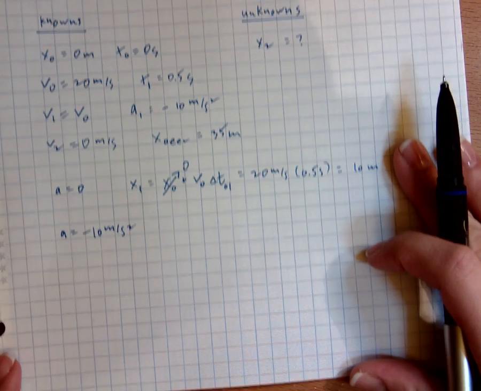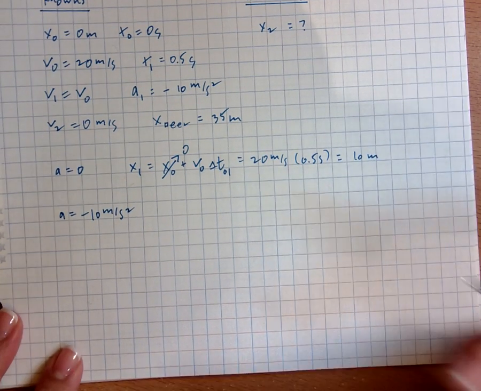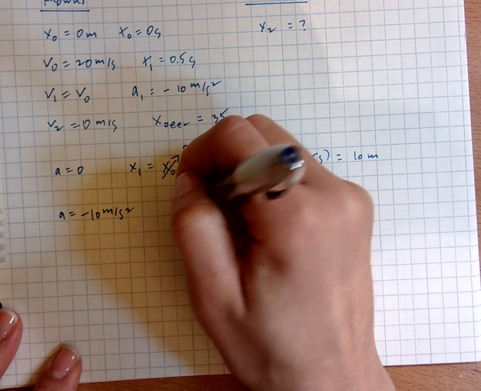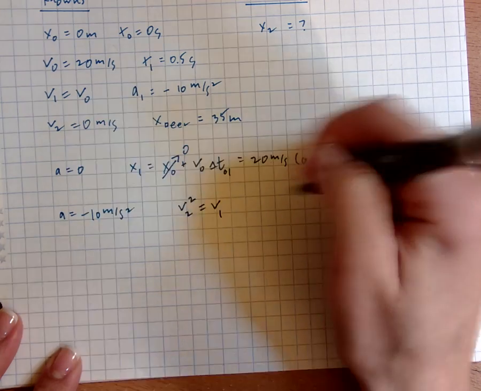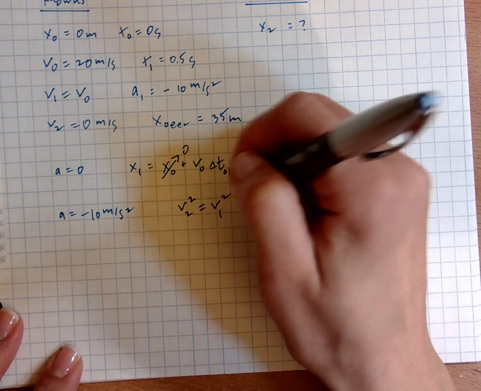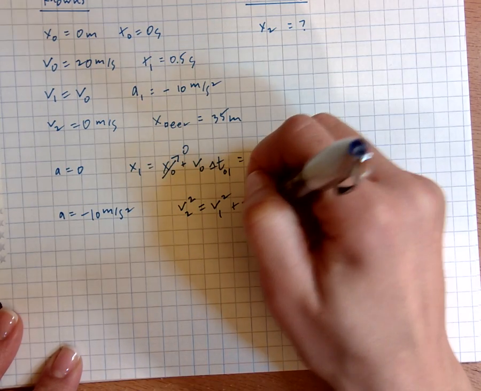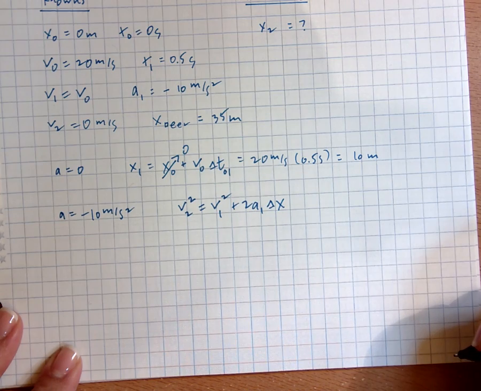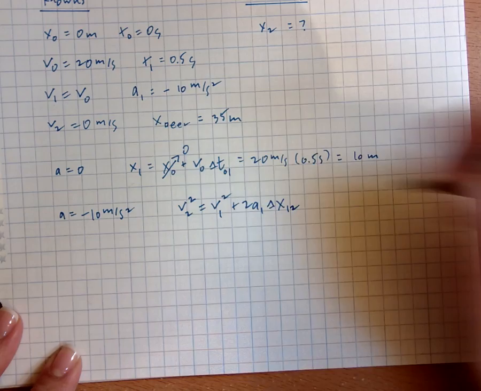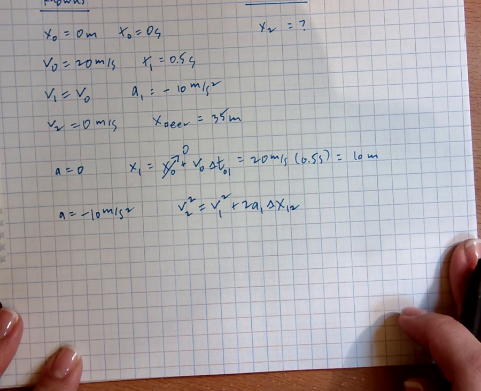If I refer to my equations, the equation that I'm going to pick relates the velocity between the 2 points, because I do know those quantities. I do know the acceleration. And then the change in position is really what I'm looking for. Change in position from 1 to 2. Because I already know that the change in position between 0 and 1 is 10 meters.